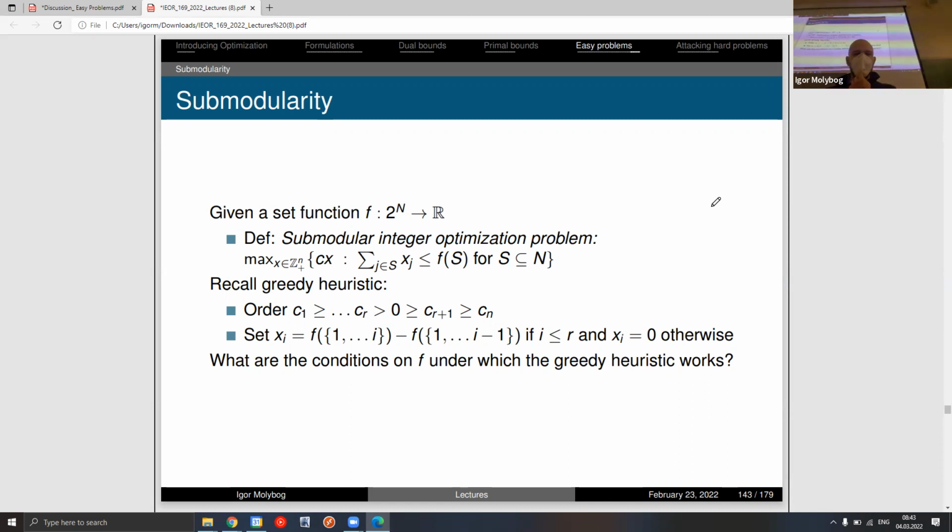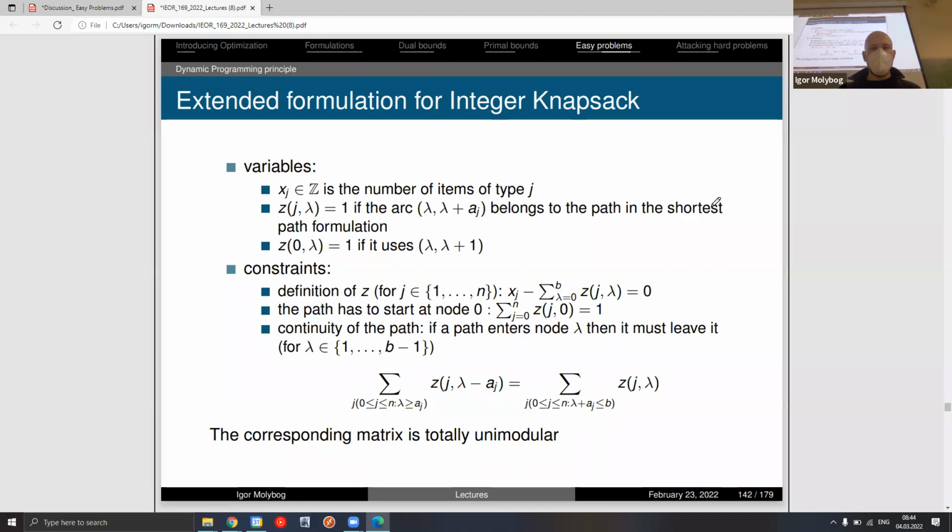It's based on a formulation that uses the notion of submodularity.